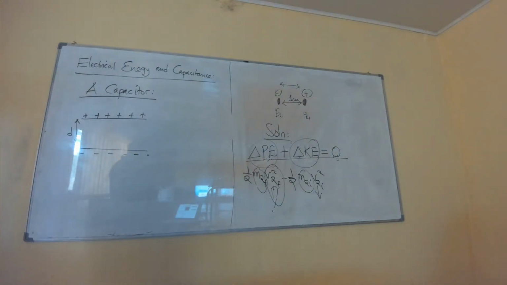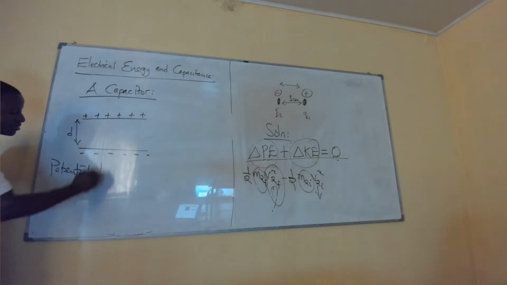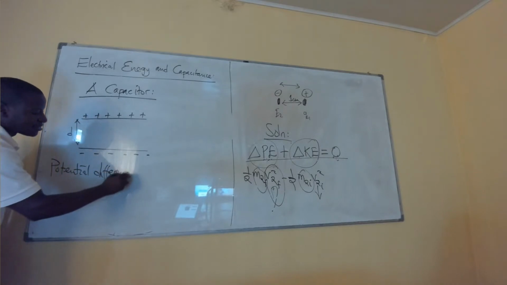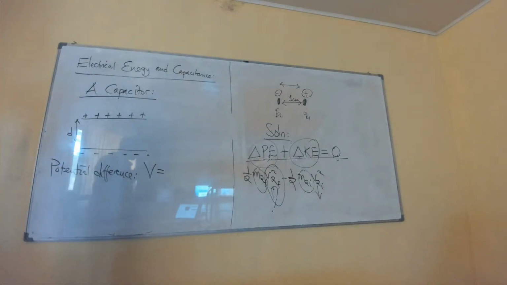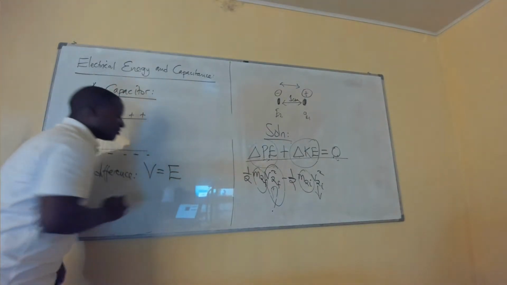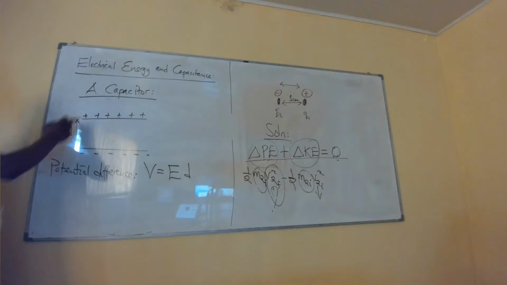So now, we are saying the potential difference if you are given such a device, which is the capacitor. This one is a device that is there to create a constant electric field. Now, the potential difference in this case, which is of course the V, must be equal to the electric field, which we normally abbreviate as E, multiplied by d, which is the distance between the two plates.